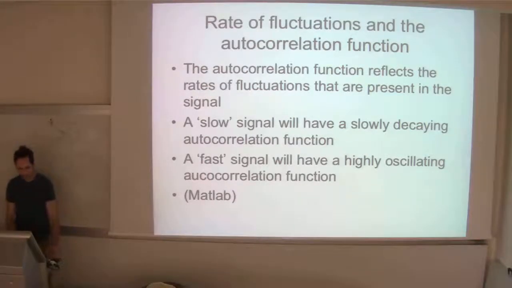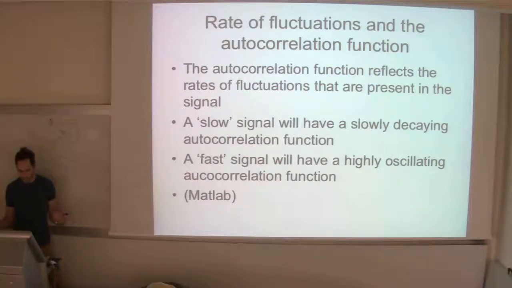Okay. Now, as I said at the beginning of the first lecture, today we want to find a relationship between some parameters that we can look at by eye, or that we can feel more comfortable with the intuition about, which are the rate of fluctuation and the autocorrelation function.